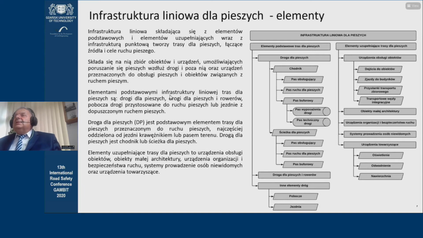Some other devices, such as access to buildings, access to public transport stops, links between those, small architecture, we're talking benches, rest places, greenery. We have safety devices. These are especially barriers, systems that support the walking of visually impaired persons.